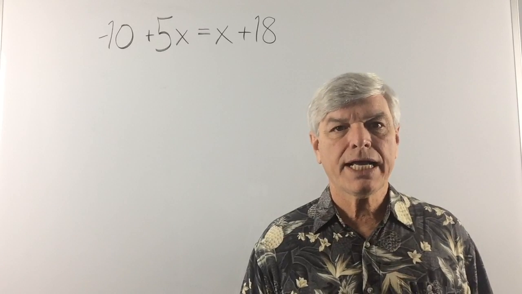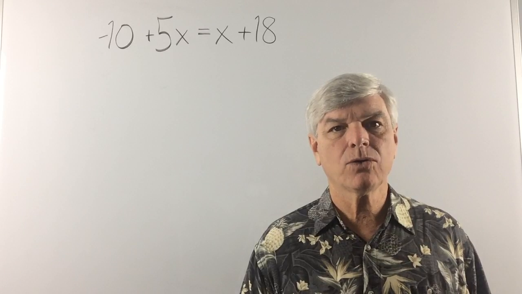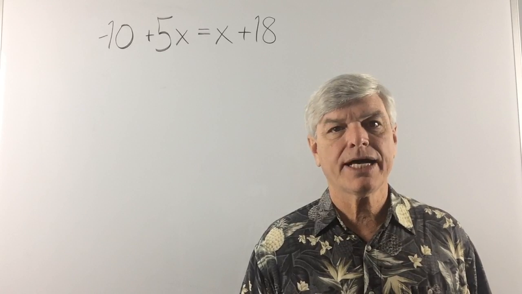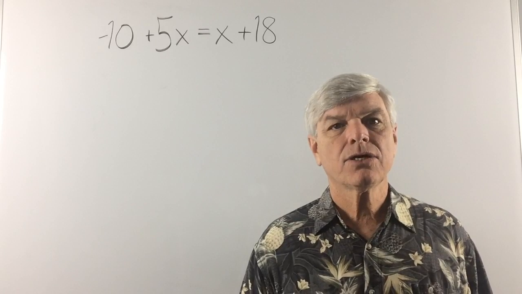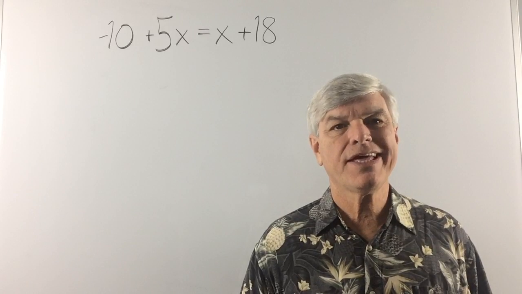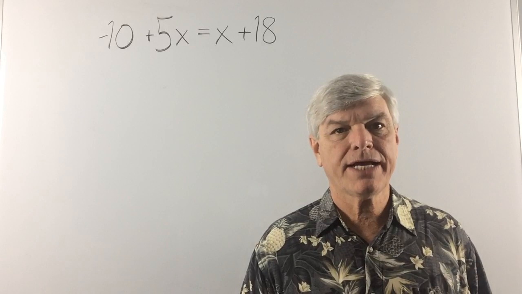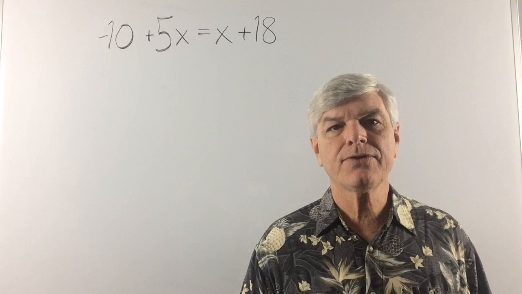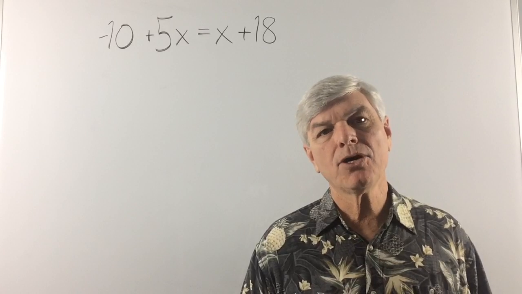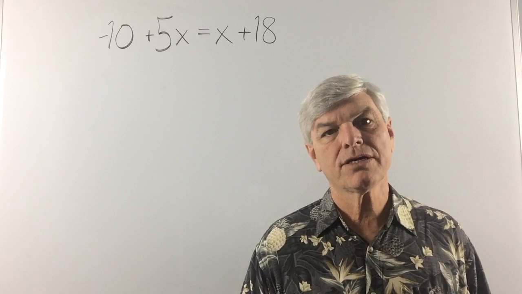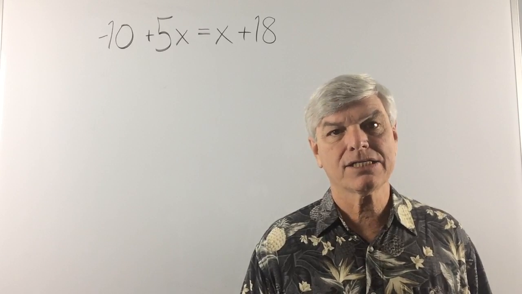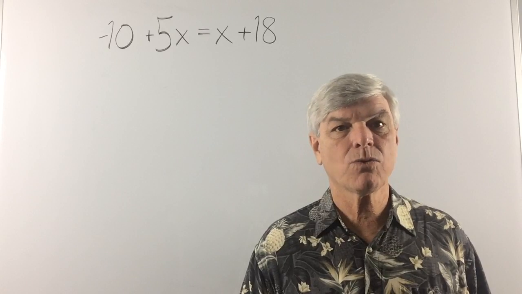And on the right-hand side, we have no like terms to add or subtract. So we're going to move the x on the right-hand side over to the left-hand side. And the reason we do this, we are going to move the smallest variable. Now x is smaller than 5x, so that's the one we're going to move.